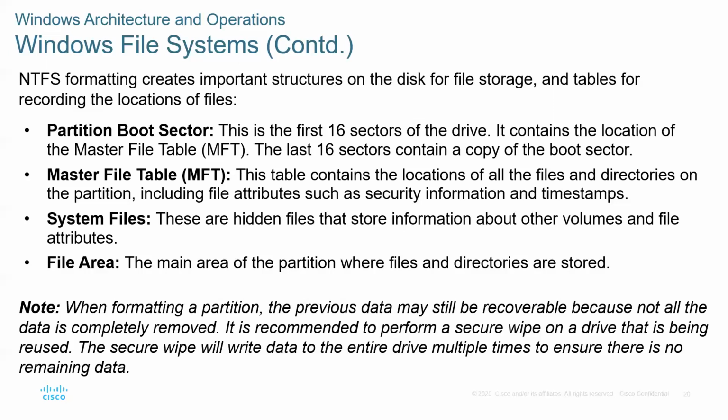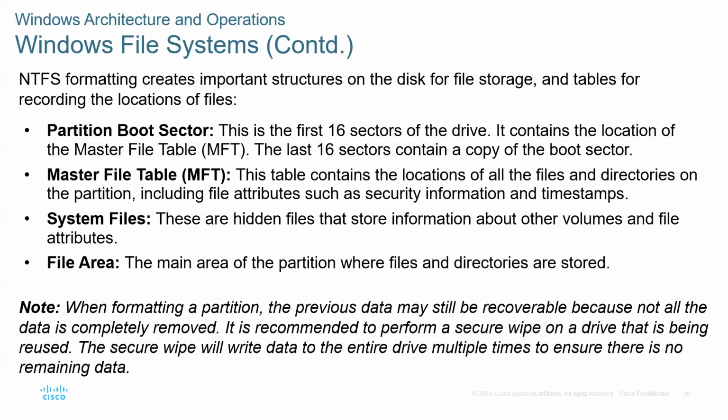So if I was to wipe a drive, for example a USB drive, I just format it, right? If I'm doing a quick format, I can still more than likely recover data from that drive. Now, if I do a full format or a secure wipe format, then what I'm doing is writing a series of ones and zeros across the entire data platter.